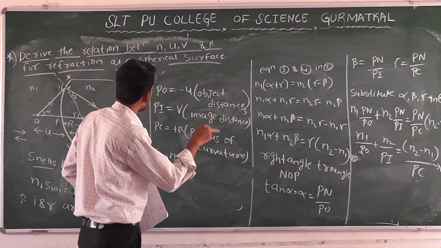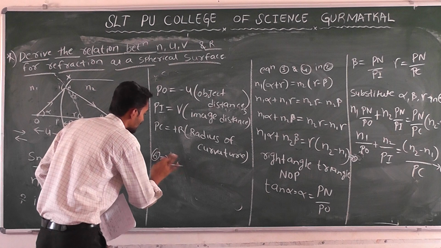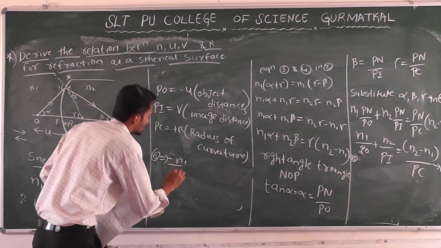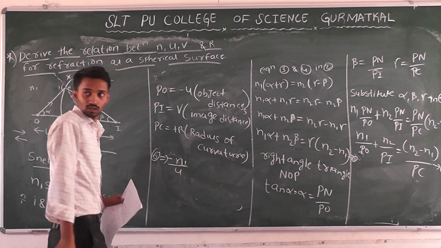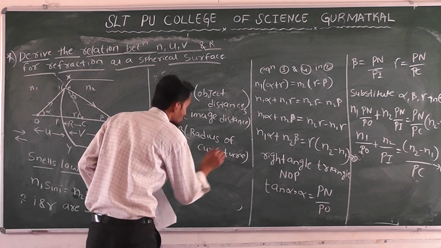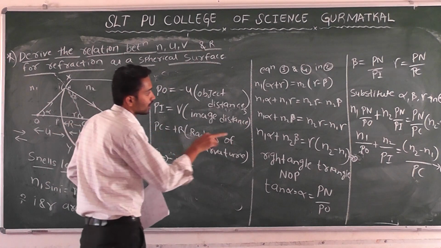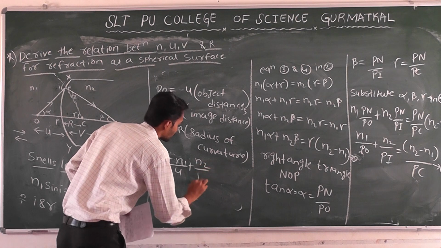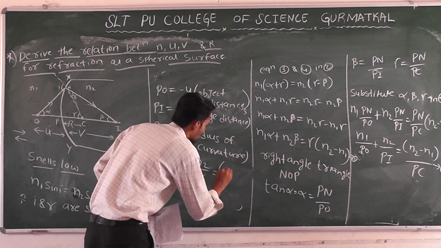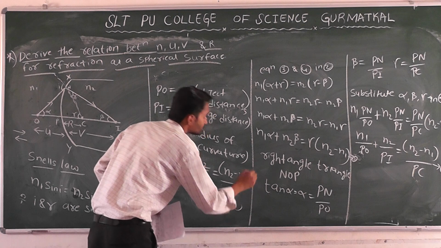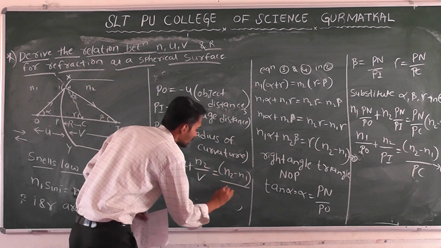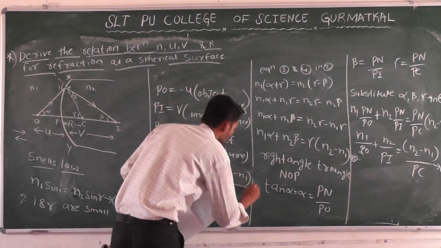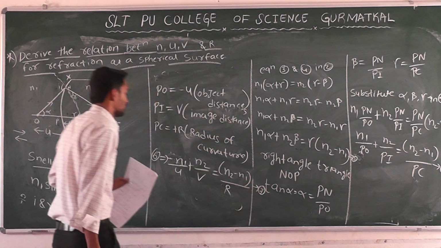PO indicates minus U, so I will directly write minus n1 by U. Next, plus n2 by PI, and PI is positive, so n2 by V. What is remaining? (n2 minus n1) by PC, and PC is R. So consider equation 7.